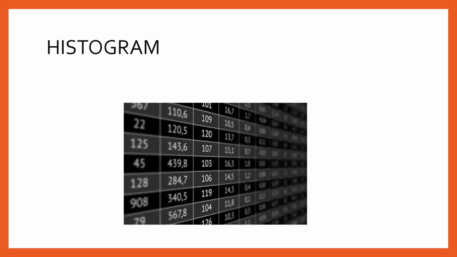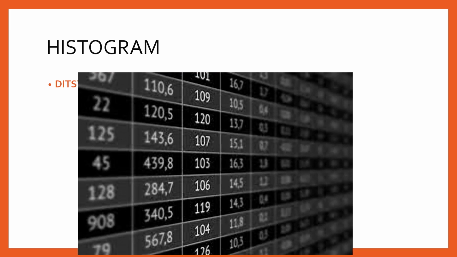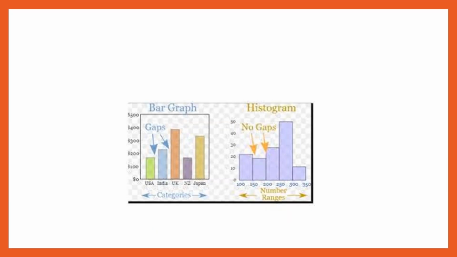The next process is called the histogram. Histogram is a very well known technique because it distributes numerical data in a graphical form. How? A lot of data is in front of you, and from there you get the frequency out of it.